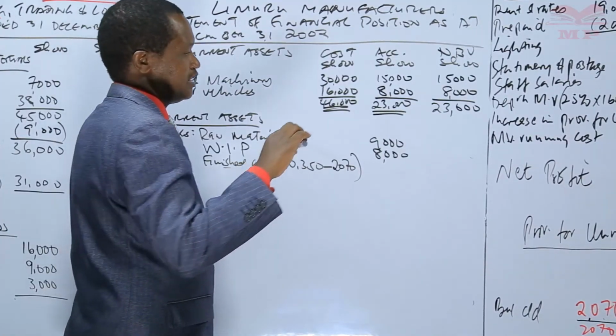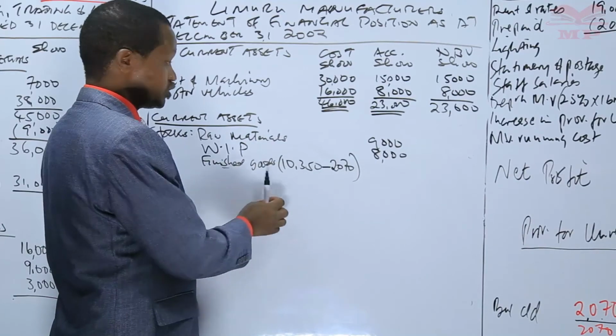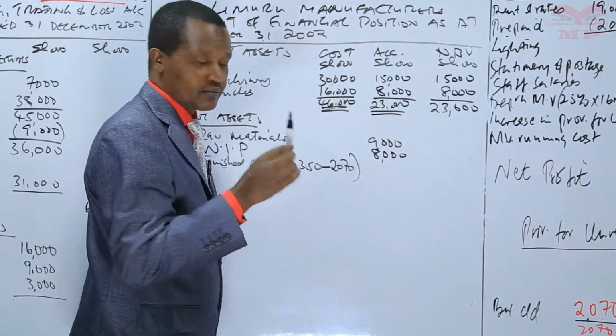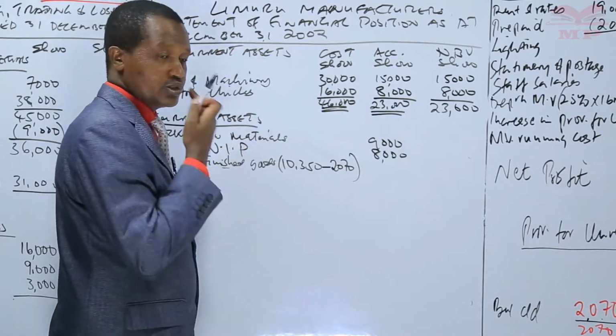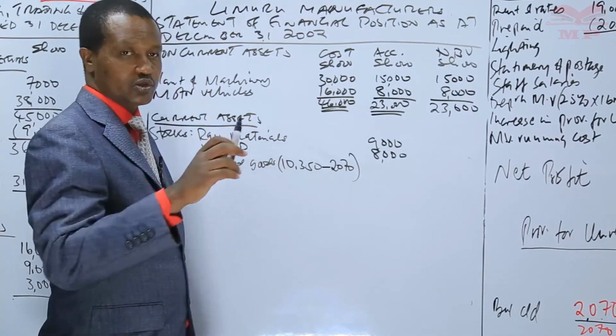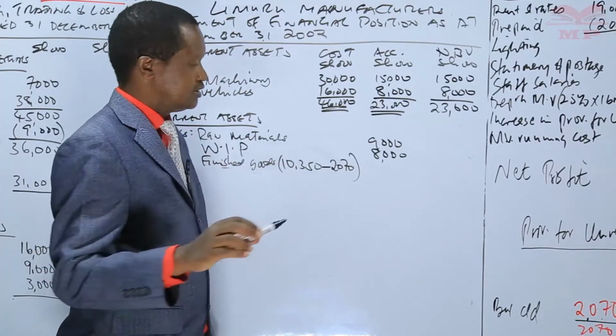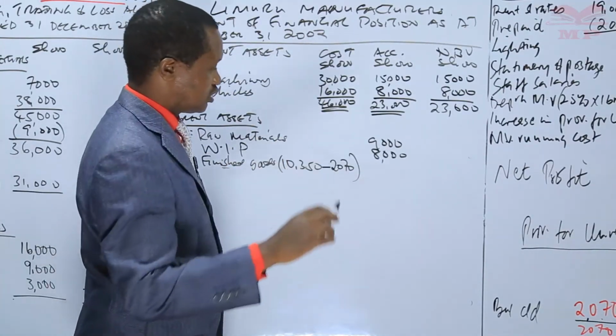So that provision for unrealized profit at the end should be deducted from these finished goods to get the cost of finished goods, because goods or inventory is always valued at cost. Okay, must be valued at cost.